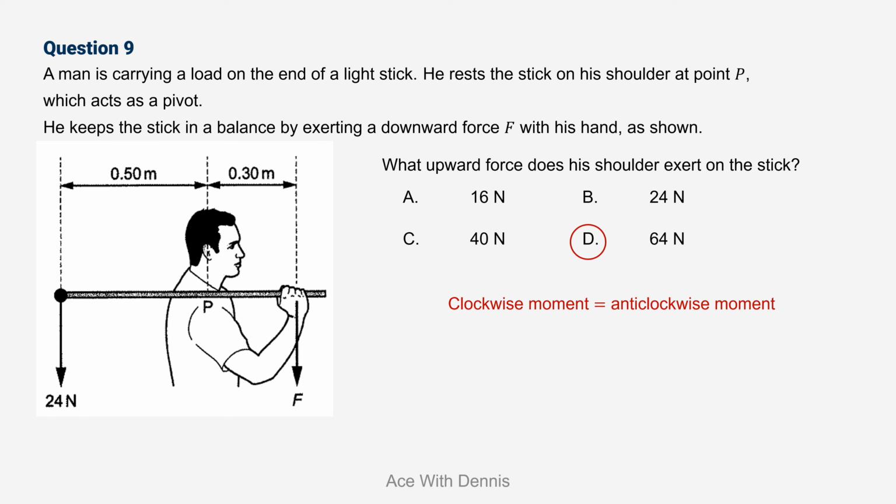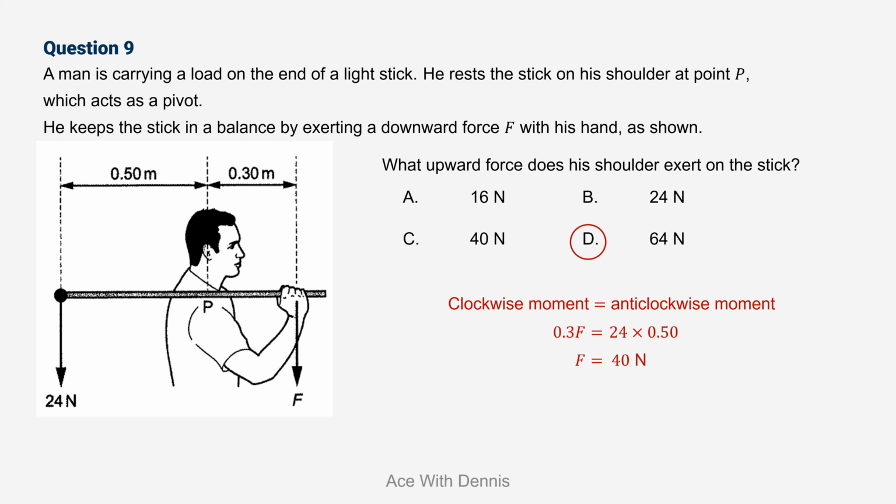Hence, the clockwise moment will be 0.3 F. For the anti-clockwise moment, 24 newtons will make an anti-clockwise moment, and the perpendicular distance of 24 newtons to the pivot P is 0.5 meters. Hence, the anti-clockwise moment will be 24 times 0.5. Then F will be 40 newtons.